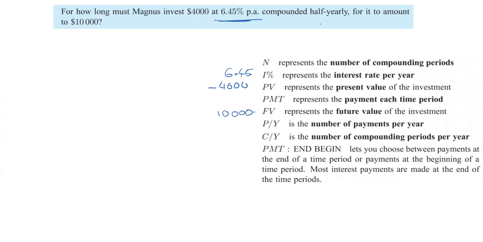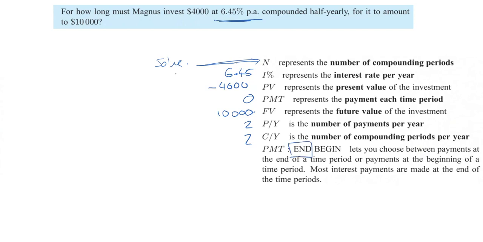Now, we don't know the number of compounding periods. So this is the part we're going to solve for. Right, what else? We don't have any extra payments. We are having 2 compounding periods, so 2 additions every year. And this is going to be happening at the end. So this is what we should be typing in.